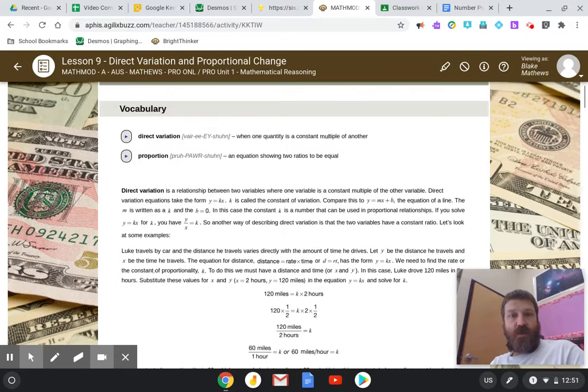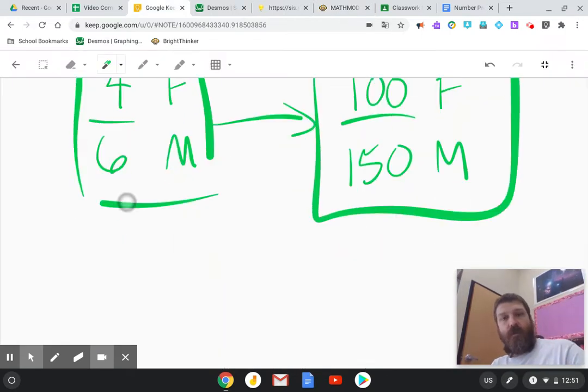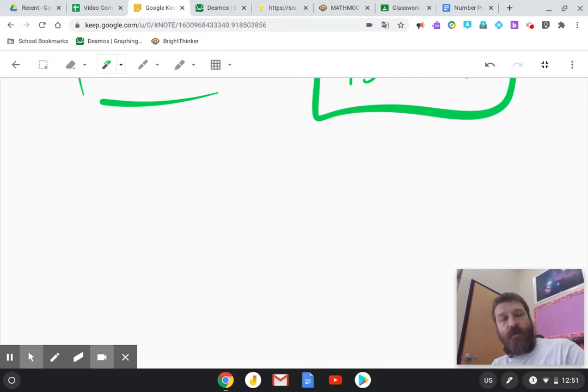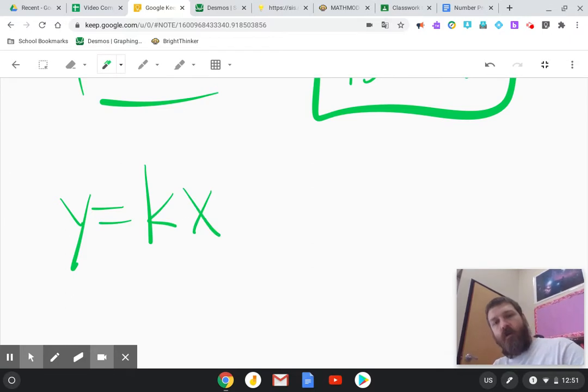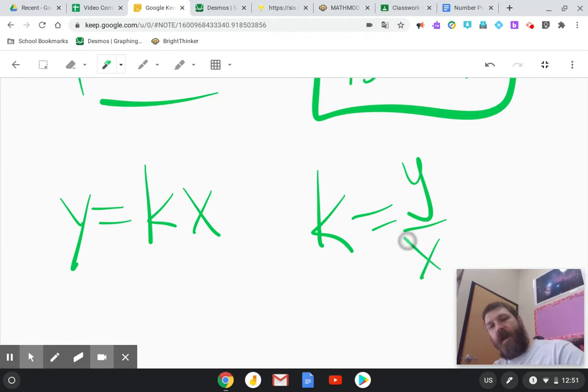And the direct variation formula is basically that I want to know this value k. Okay, and the relationship for k is that there's a couple different ways to say it. Y equals kx, or another way of looking at it would be that k equals y divided by x.